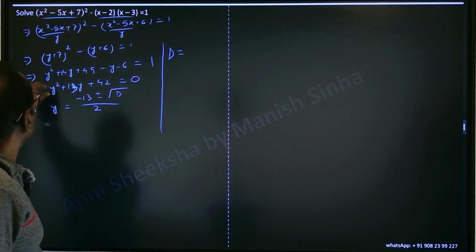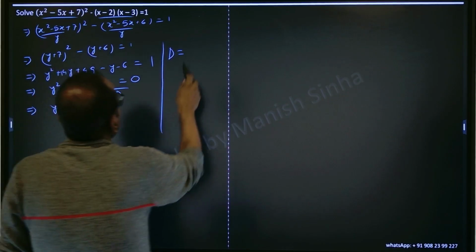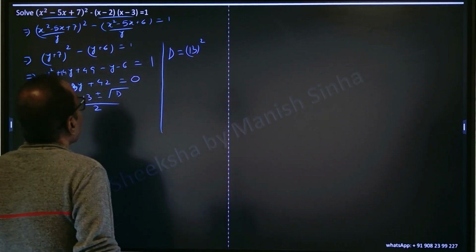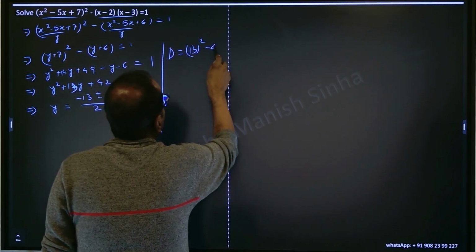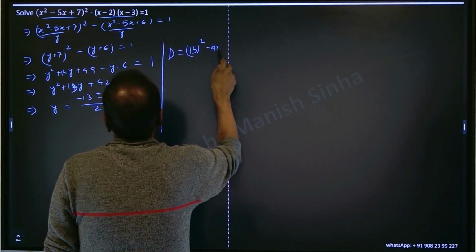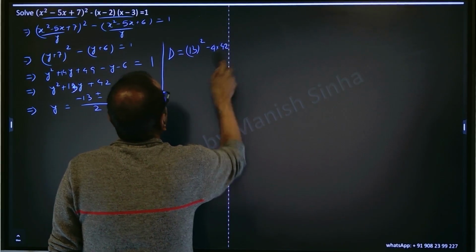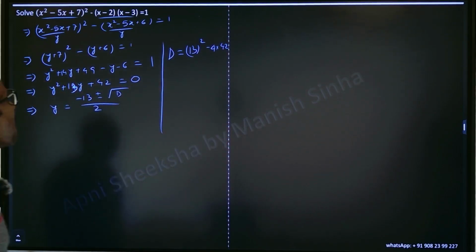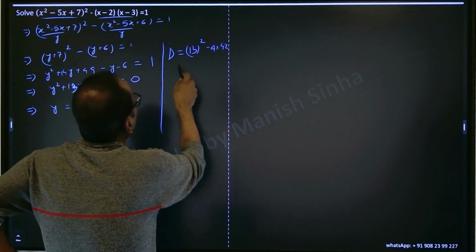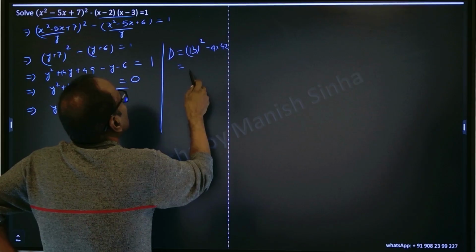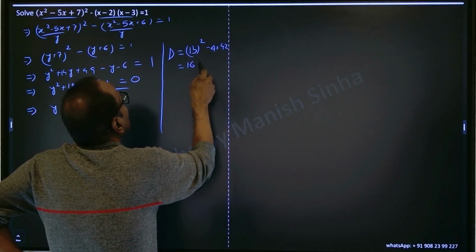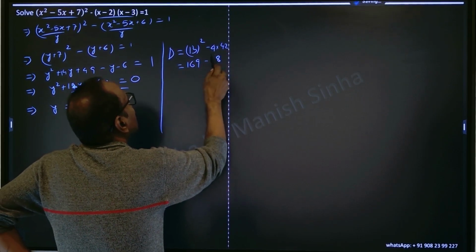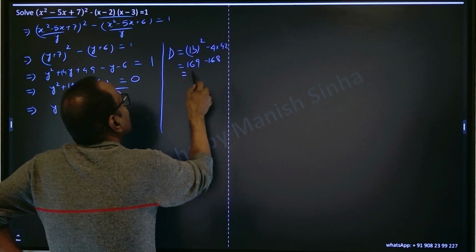So d for this equation will be 4 into 42, which gives 1.